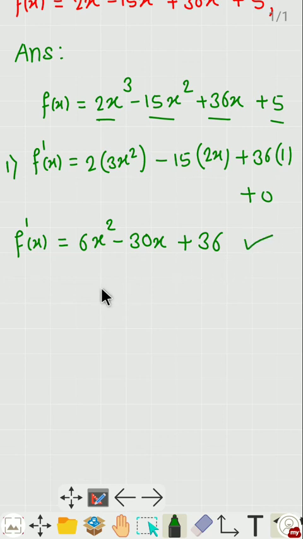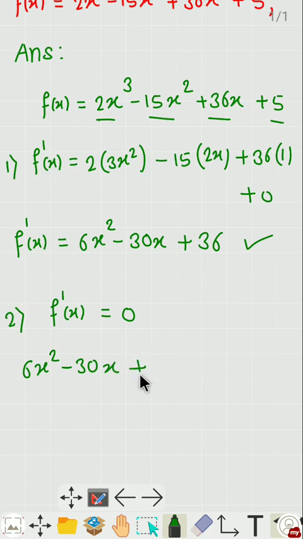Okay, so in this second step, we find the roots of the equation f dash of x is equal to 0, that is 6 times x square minus 30x plus 36 is equal to 0.